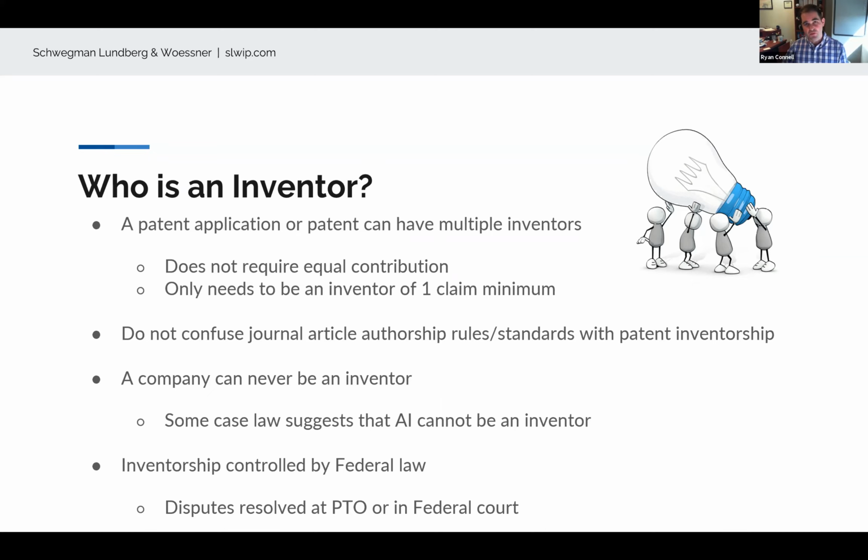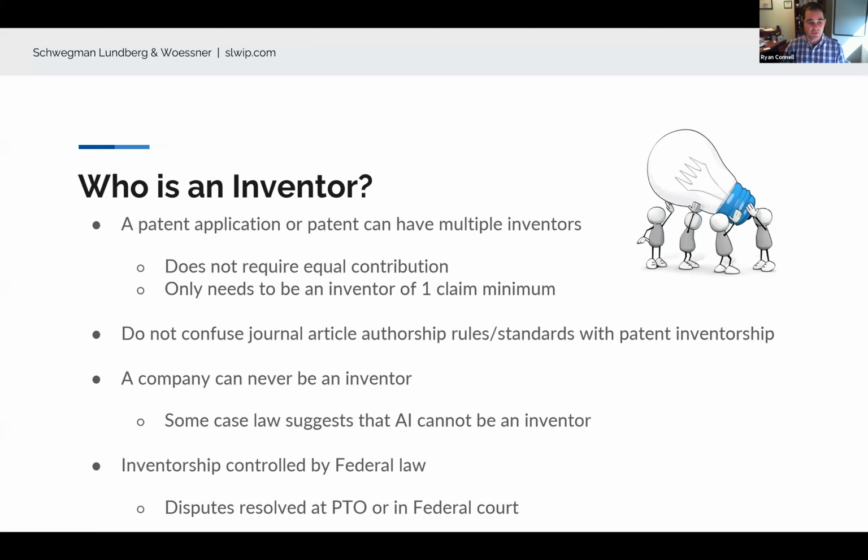But if you turn the subject matter of that paper into a patent application, then you have to go through that list with a careful eye to make sure you understand who actually conceived of the idea versus who was just acting at that direction. So keep in mind that you don't just port over the list that you would for an academic paper into inventorship.